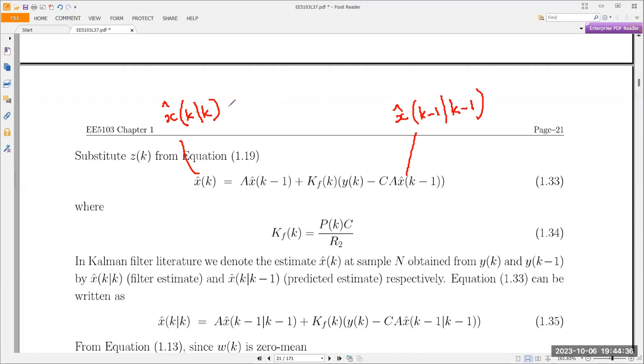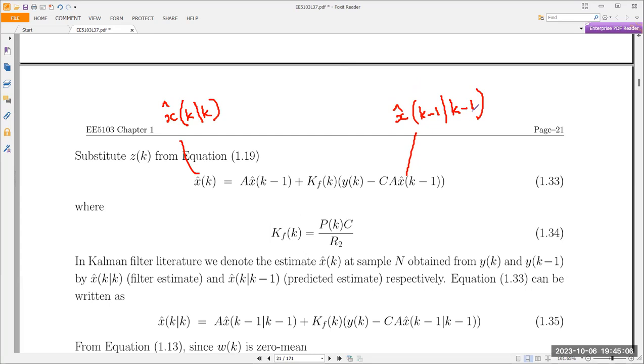So if I see a k here, I know that your x hat is calculated using yk. The first k is the sample of x. If I see a k minus 1 here, I know that x hat is estimated or calculated from yk minus 1.